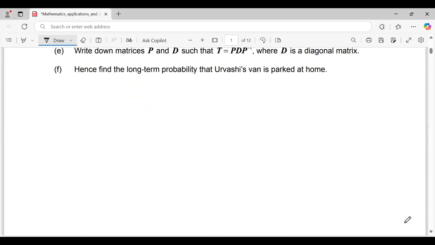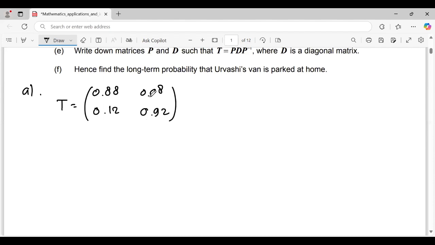Okay. A. The transition matrix, I would like to write T equals 0.88, 0.12, 0.08, and 0.92.